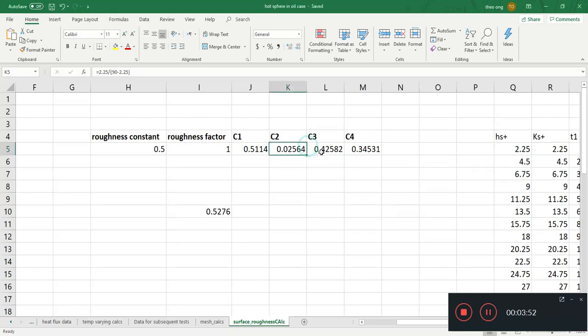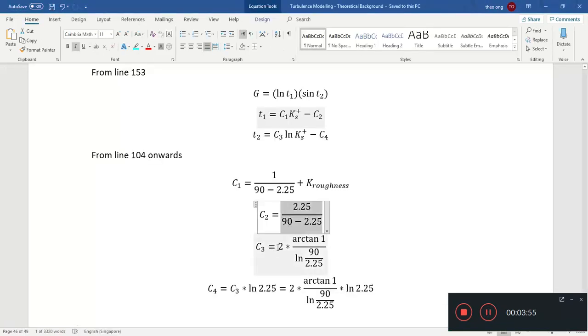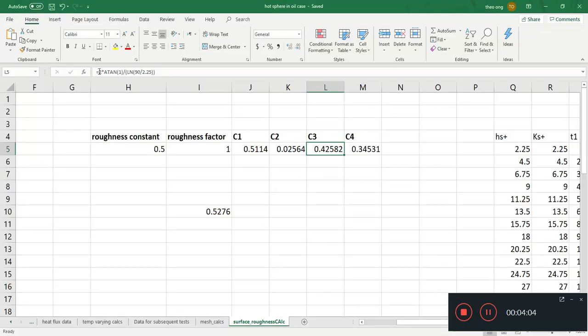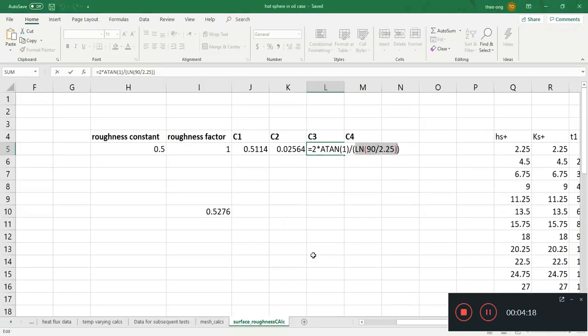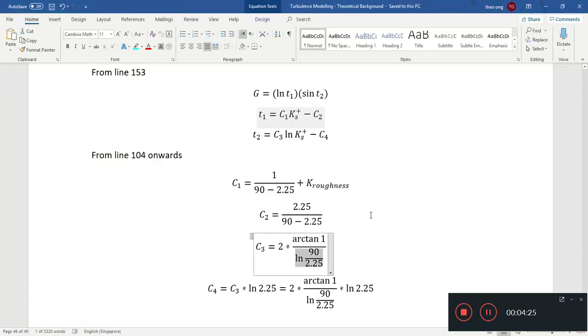Next we want to look at C3, which is slightly more difficult: 2 times arctangent of 1 over ln of 90 over 2.25. The formula is 2 times arctangent, with 1 in cell A10 in Excel, divided by the natural logarithm of 90 over 2.25. The arctangent is basically just a constant, nothing too fancy there.